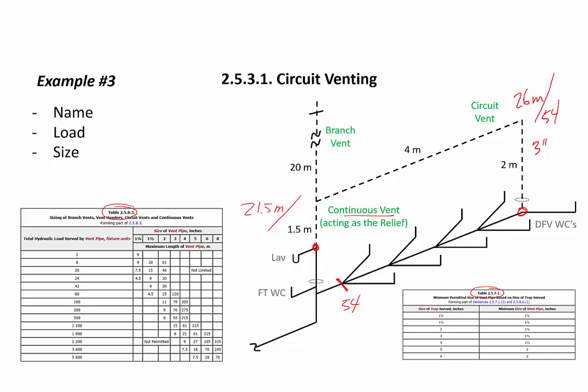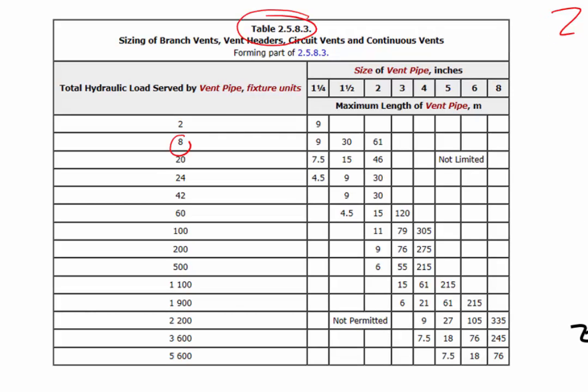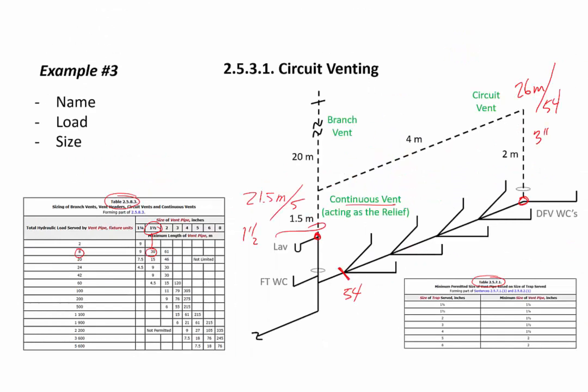In this case, all we need to include is the lab and the flush tank water closet directly, so that's 5 fixture units. So for no more than 8 fixture units, no more than 30 meters, 1.5 inches for the continuous vent. We knew that that was going to be our minimum anyways, so we use 1.5 inches for the continuous vent, 3 inch for the circuit vent at this point.